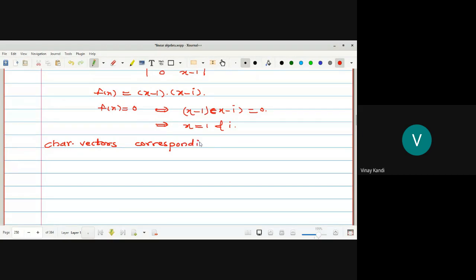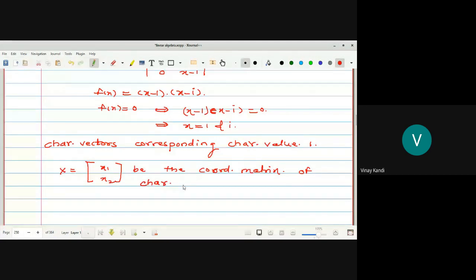Suppose X is equal to x1, x2, the coordinate matrix of the characteristic vector corresponding to characteristic value 1.